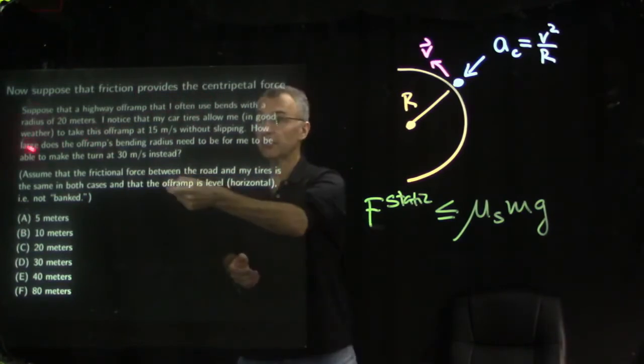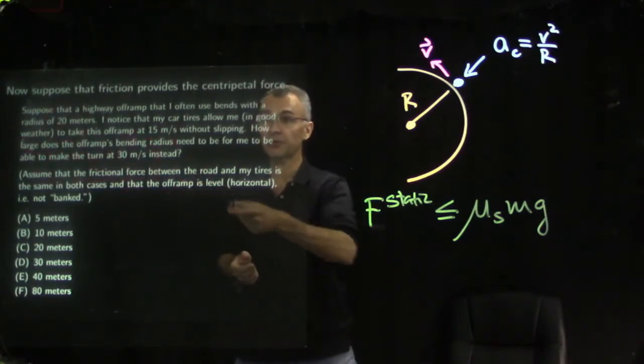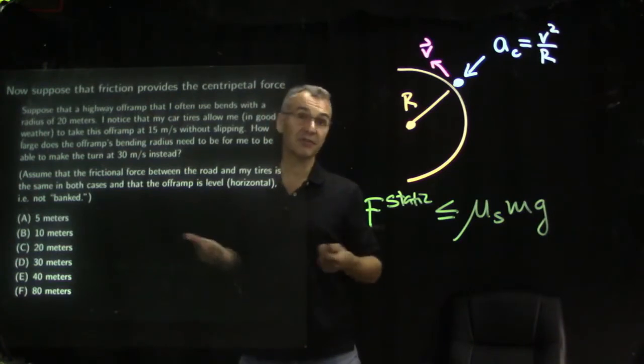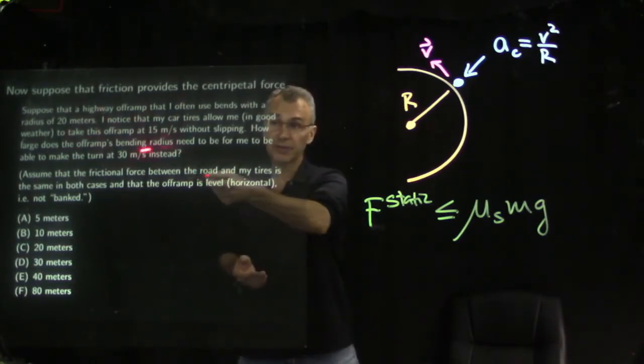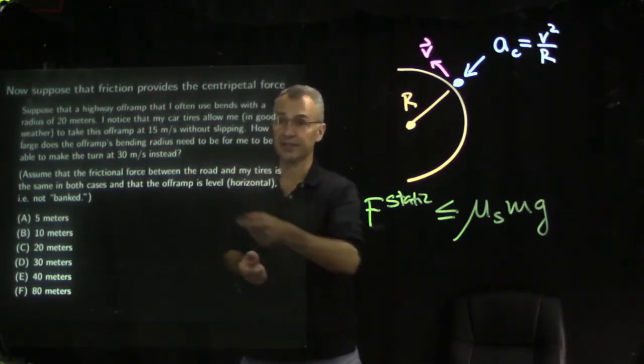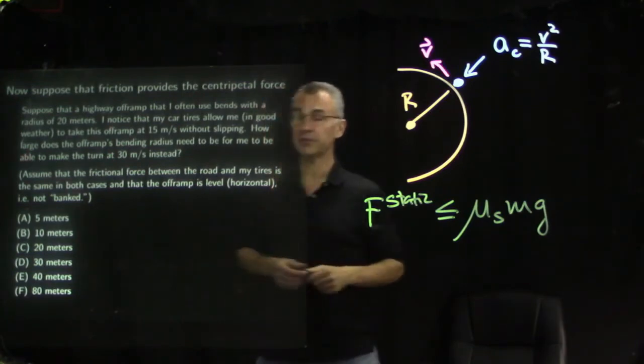So how large does the off-ramp's bending radius need to be in order for me to take the same turn at 30 meters per second? Well, it's not the same turn. I mean, same tires, same pavement, but suppose we can rebuild the road so that instead of being safe at 15 meters per second, it is instead safe at 30 meters per second. So how would we scale it? Well, let's think.